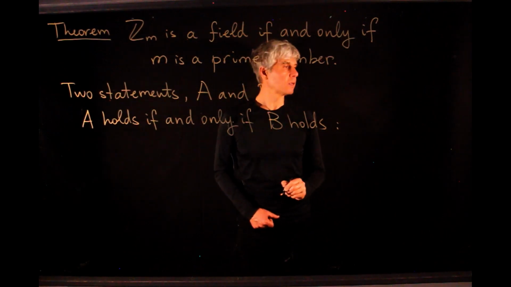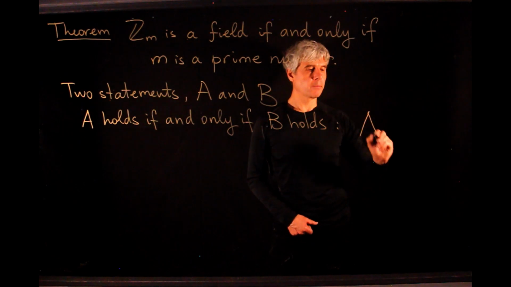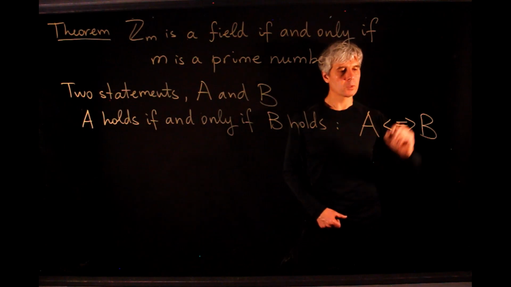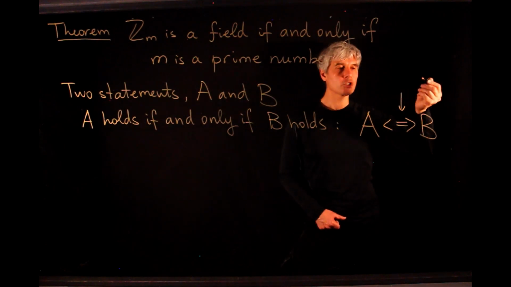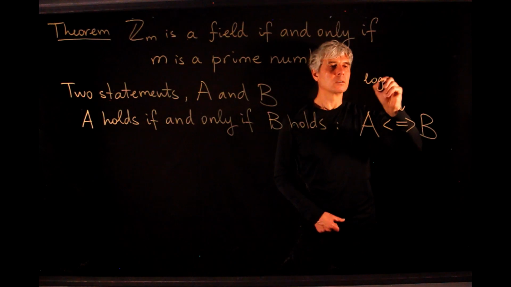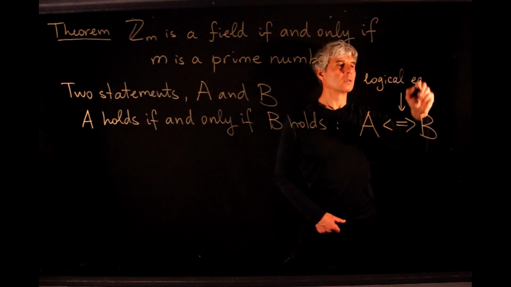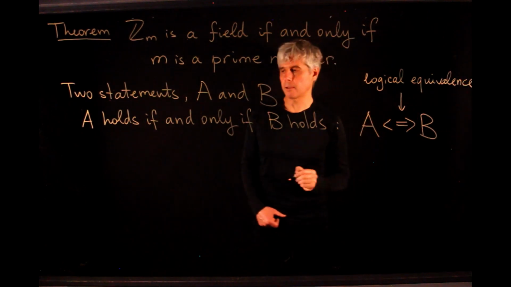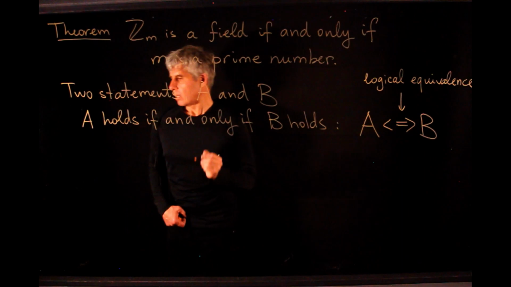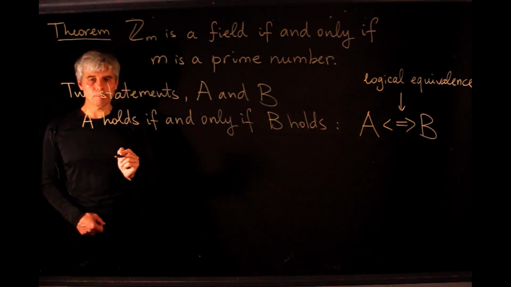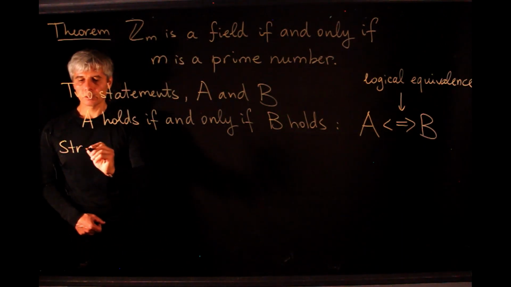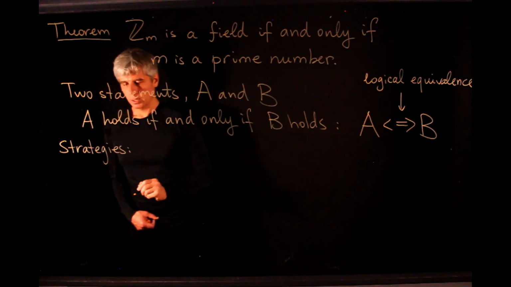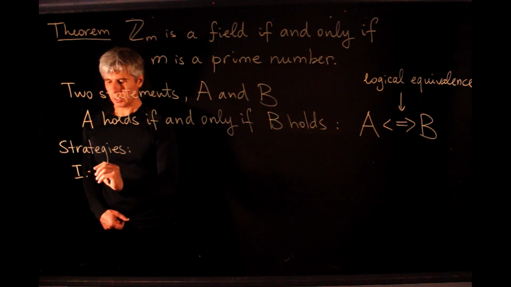So symbolically, we're going to write this in the following way: A if and only if B. So this is the sign for logical equivalence, or if and only if. Now, there are two strategies for proving this. The first strategy is the following.